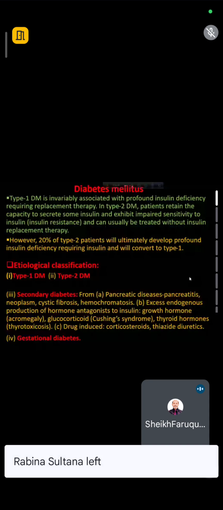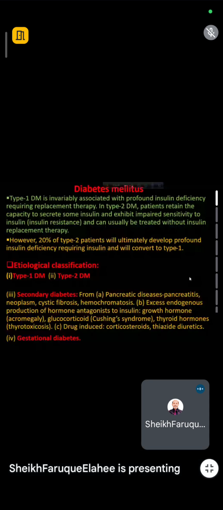Then a stage will come when his body will have less than the optimum level of insulin-producing cells. So there will be insulin deficiency, and he will develop diabetes. This diabetes is absolute because it is produced due to damage of insulin-producing cells in the body. So this is type 1 diabetes.